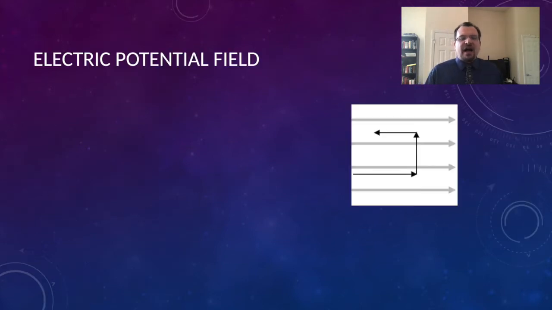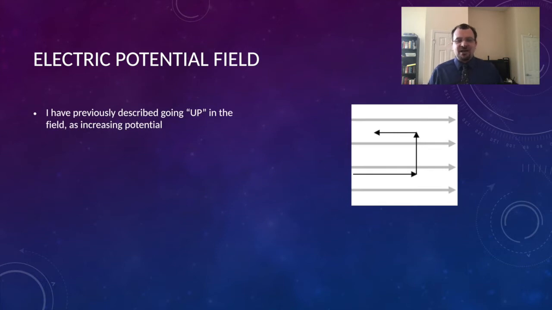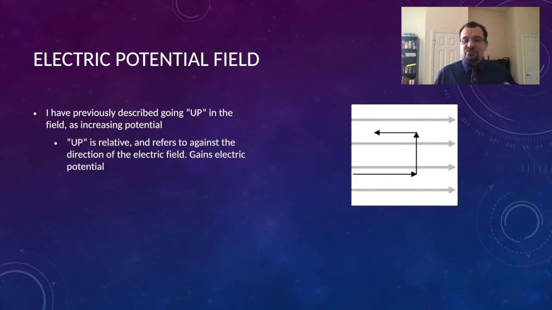So I wanted to return to the electric potential in an electric field, because previously I've described going up in an electric field as increasing potential. But up is relative and refers to moving against the direction of the electric field.